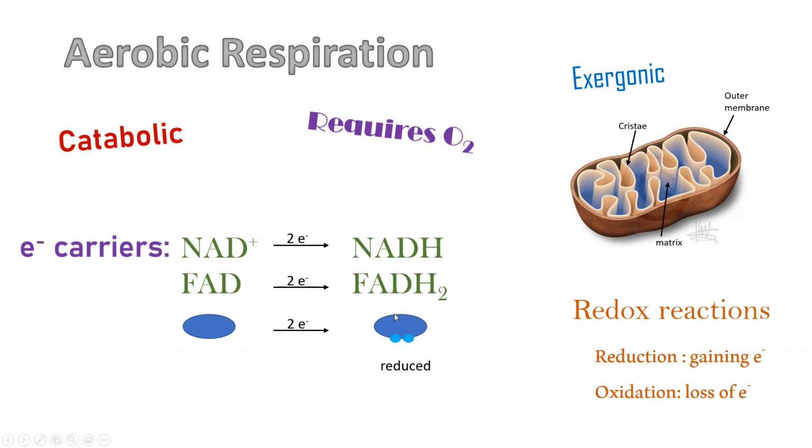But what these electron carriers are going to do is drop off these two electrons at another part of the cell, which we'll talk about in detail later. So essentially this arrow here with the two electrons goes both ways, because these electron carriers, NADH and FADH2, are going to drop off their electrons. And once they've dropped them off, they've essentially lost their electrons. So we say NAD+ and FAD are oxidized, okay?